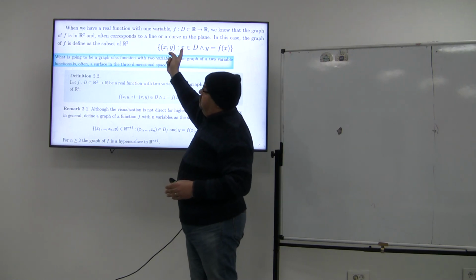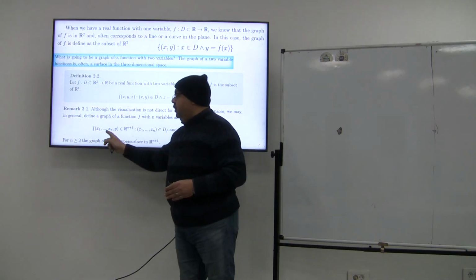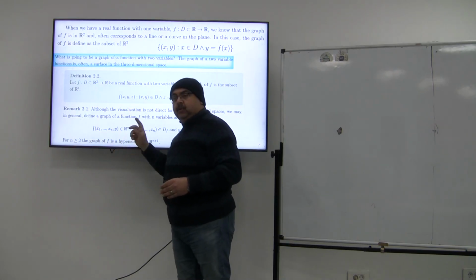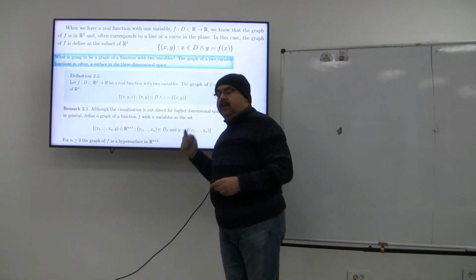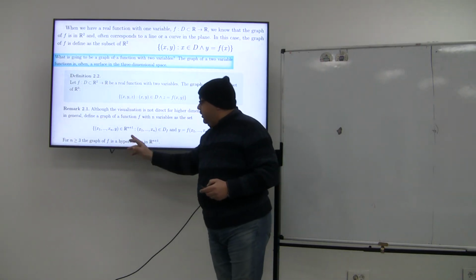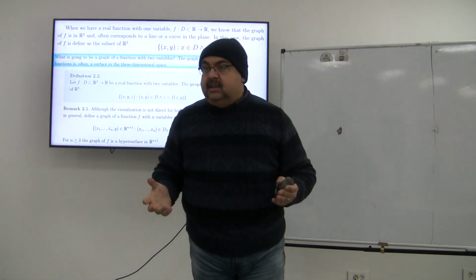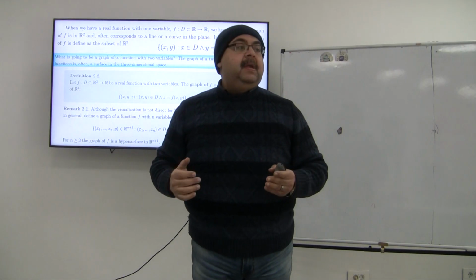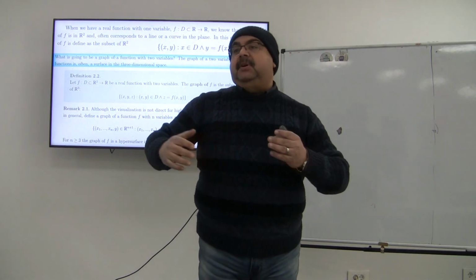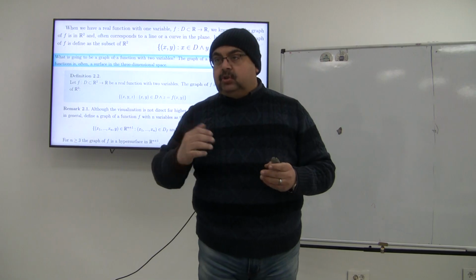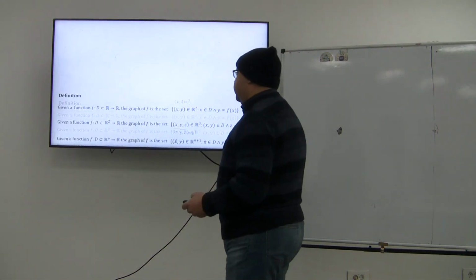R2 in the 1 variable case, R3 in the 2 variable case, but in Rn you will be dealing with R^(n+1), because the input is n variables and the output is just 1. So it's going to be a hypersurface in R^(n+1), whatever the n stands for. So starting from a function in 3 variables, I will be talking about a hypersurface, because the result will be 4 coordinates in general.